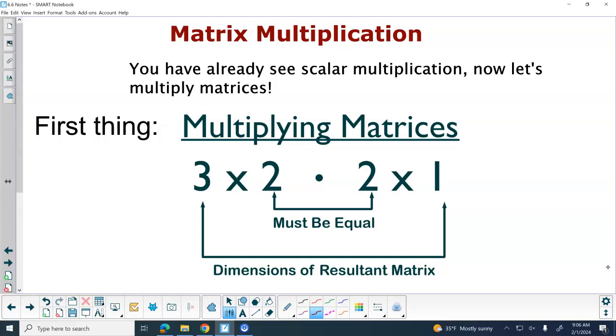I am telling you that today, when we are dealing with matrices, the order is left to right. It cannot be right to left.